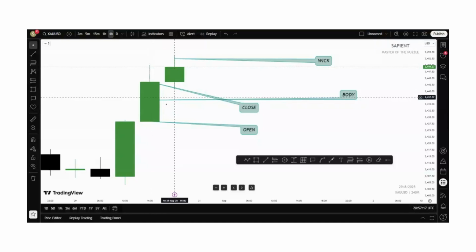Now, we only talked about open and close for a buy candle. I don't need to draw anything on the sell candle, which is this black one right here, but on your screen it will be red. It's just simple logic.